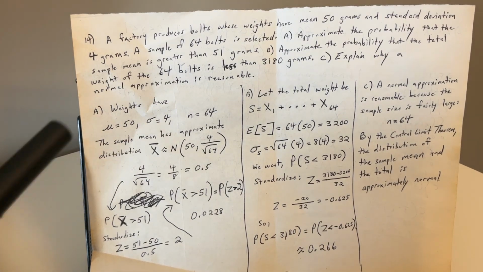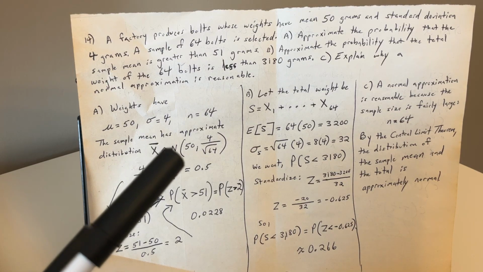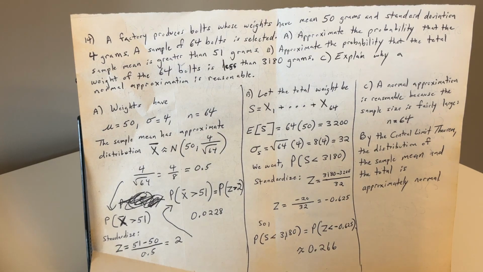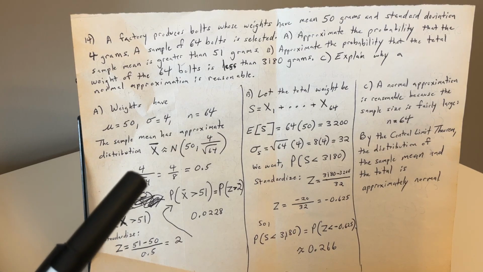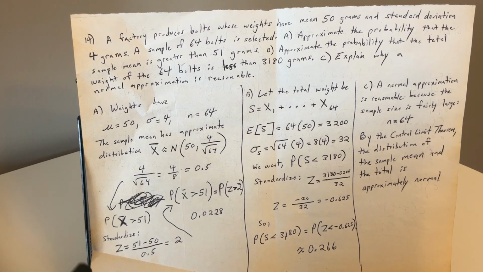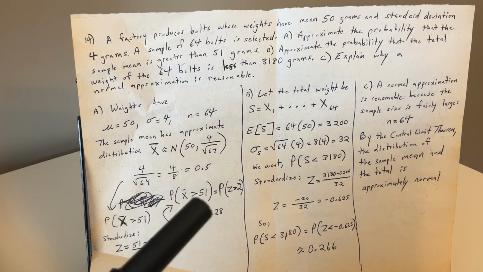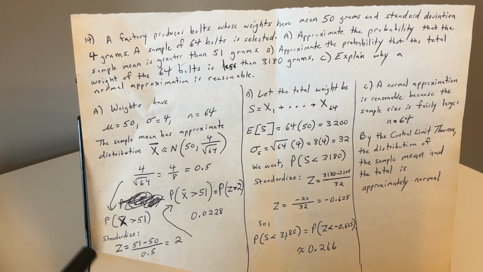So the sample mean has an approximate distribution: the sample mean is approximately N(50, 4 over the square root of 64). That's just using the formula. 4 over the square root of 64 is 4/8, that's 0.5. The probability of the sample mean greater than 51 equals the probability of Z greater than 2.